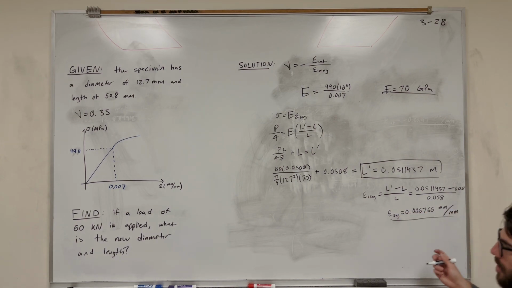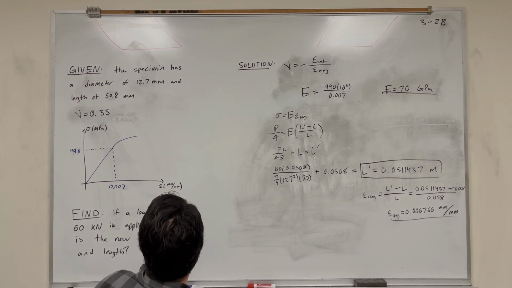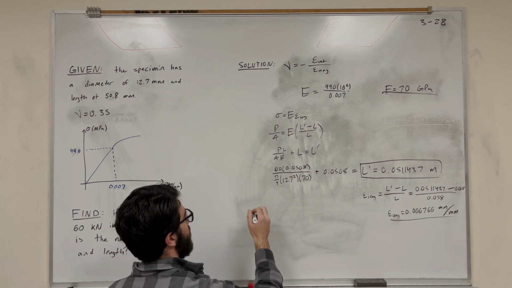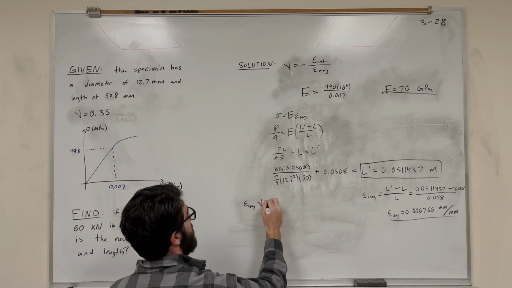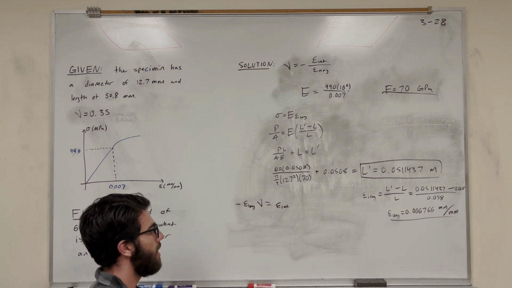That's a useful number. Let's go back to Poisson's ratio. We know Poisson's ratio is 0.35. Let's take epsilon long and multiply it over to the other side. Poisson's ratio is equal to negative epsilon lat over epsilon long, so don't forget that negative sign.